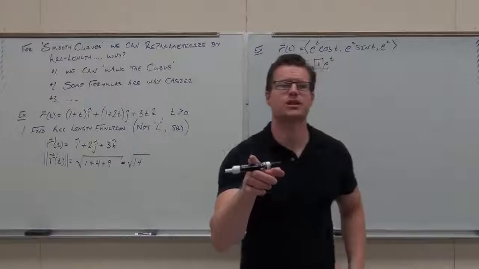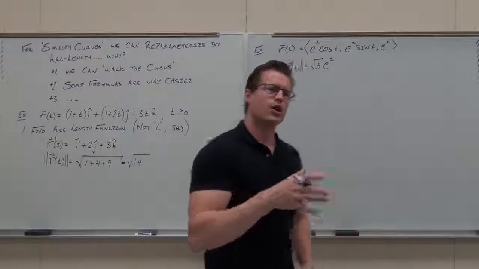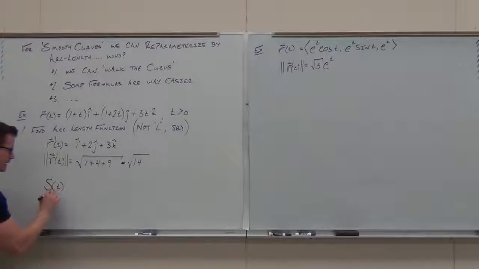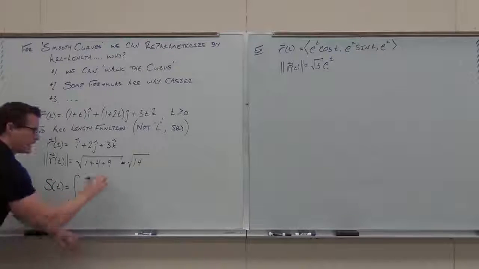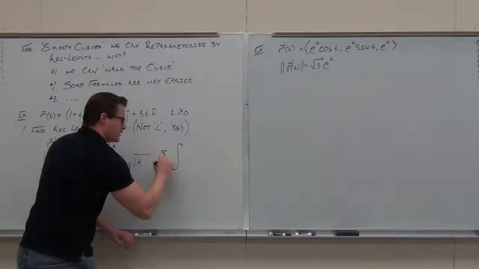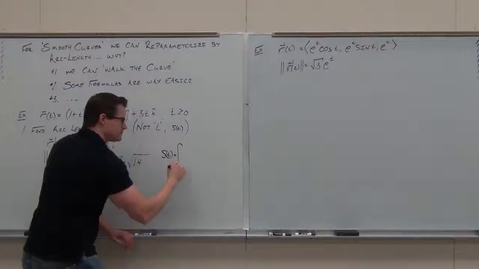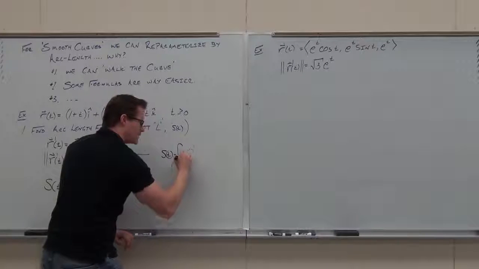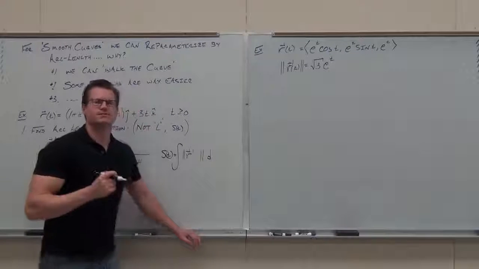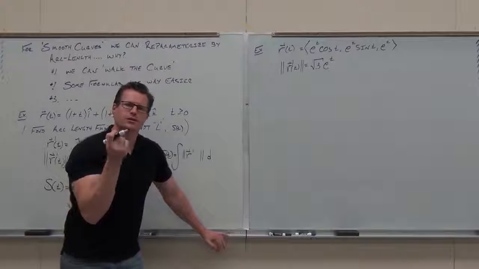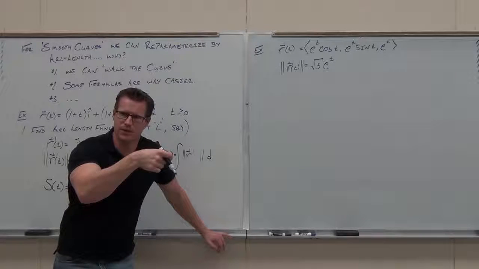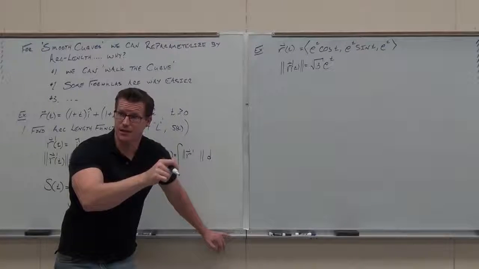We're going to integrate. Now, there's something that I need to show you here. We're not finding L. We're finding the arc length function. It's still an integral. It's still going to be this mess of junk. So we have s of t equals the integral of the magnitude of r prime, dt. But listen, in order that we don't get mixed up between all of the t's floating around, we need to get a function of t out of this thing.